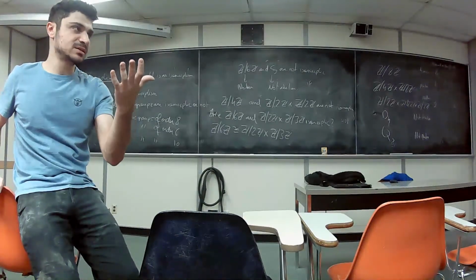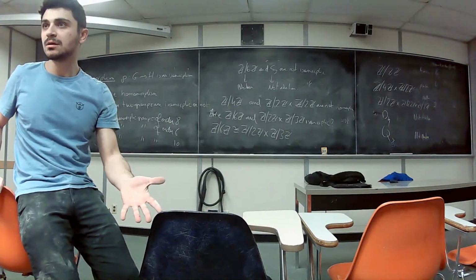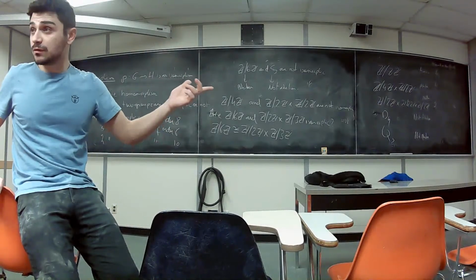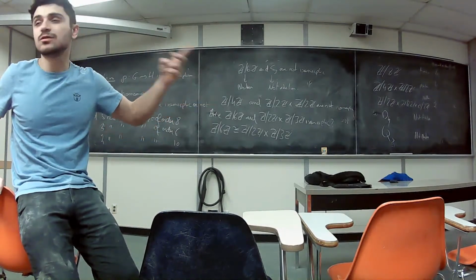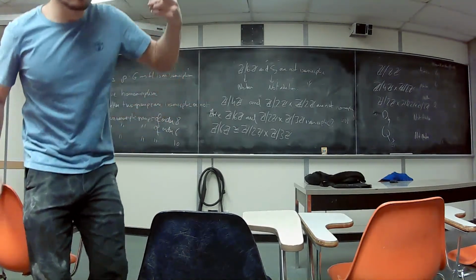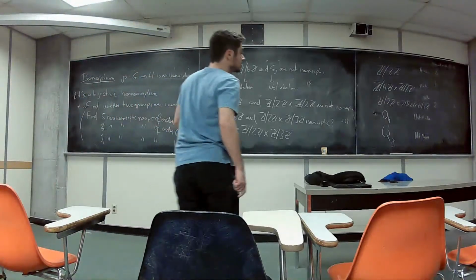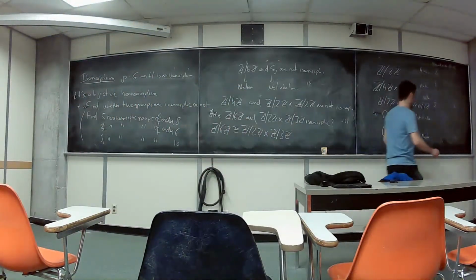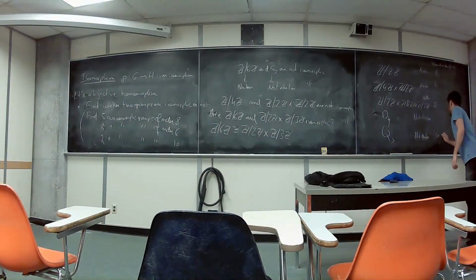Minus i, minus j, minus k have order 4 as well. So what is the only element of order 2 in Q8? Minus 1, right? One element of order 2, which is -1.